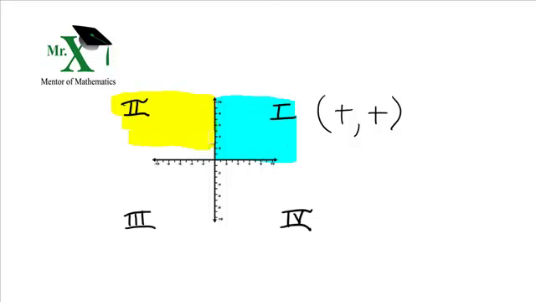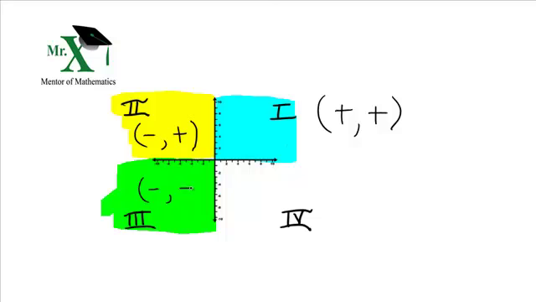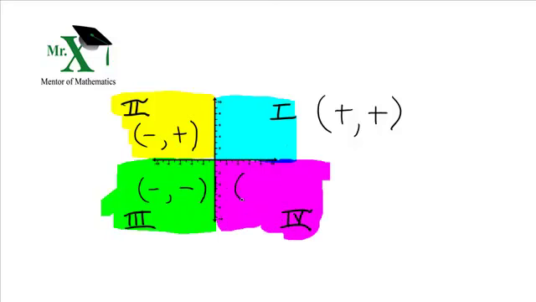In the second quadrant, x is negative, but y is positive. In the third quadrant, both x and y are negative. And in the fourth quadrant, x is positive, but y is negative.